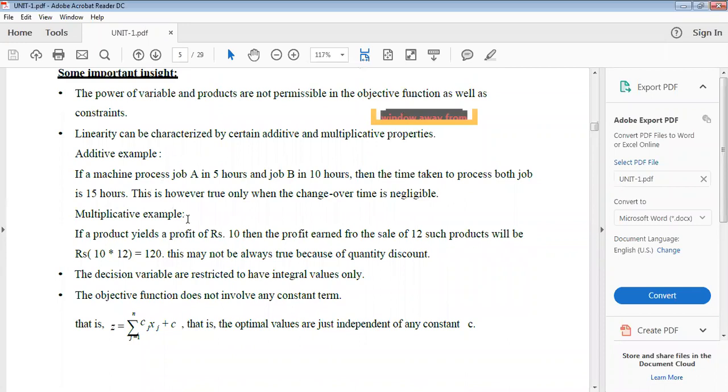Next, linearity can be characterized by certain additive and multiplicative properties. That is, A in 5 hours, B in 10 hours, totally 15 hours. If you carry out a job, it will take 5 hours, and it will take 10 hours for the second job.